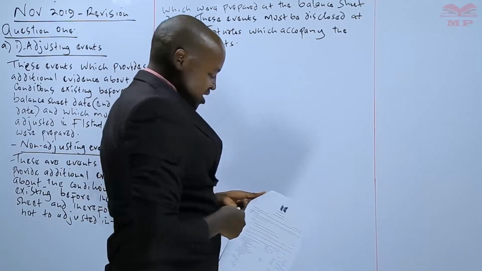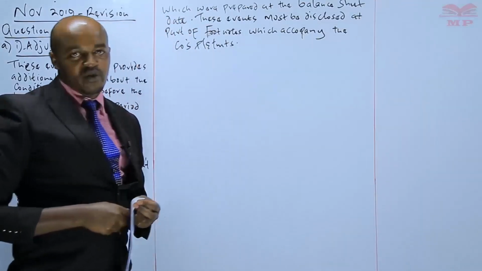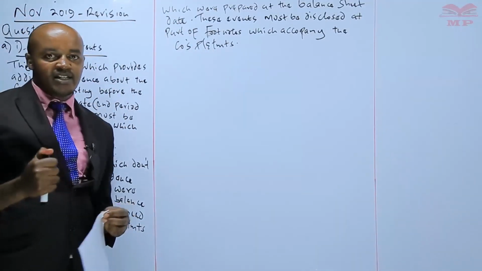So therefore, that is the difference between those two events, that is adjusting event and non-adjusting event.